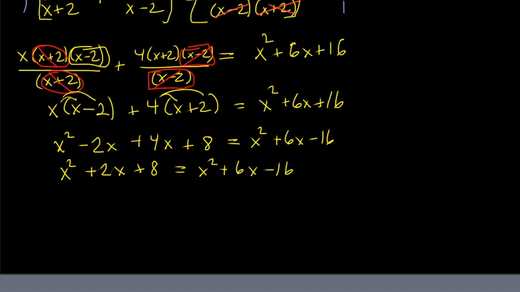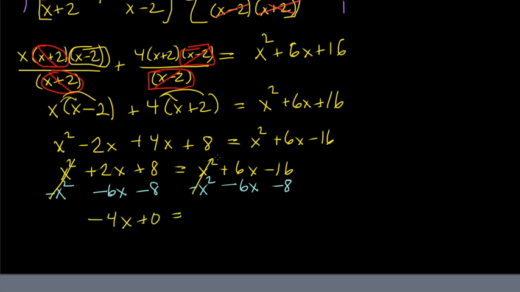Again, we can cancel the x squares just by subtracting from both sides. And for the rest of the equation, I'm going to subtract the 6x from both sides and subtract the 8 from both sides. So I know I'm doing a lot at once here. I'm canceling the x squares. 2x minus 6x is negative 4x, right?